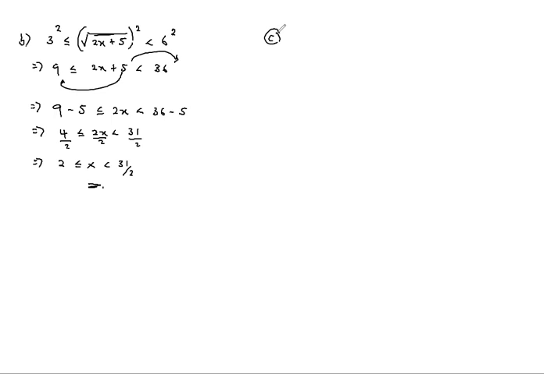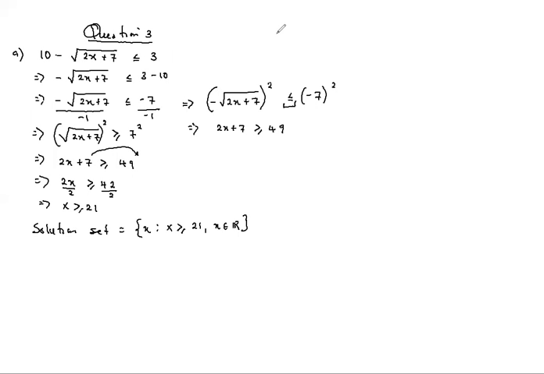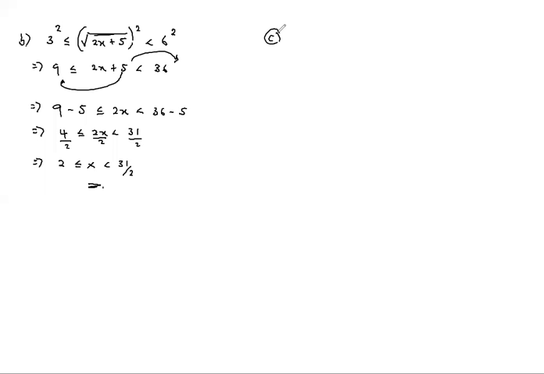C is almost the same as what you're doing here because you're just squaring these guys. You know, they're like this. The square root of 2x plus 9 minus 9 plus x greater than 0.